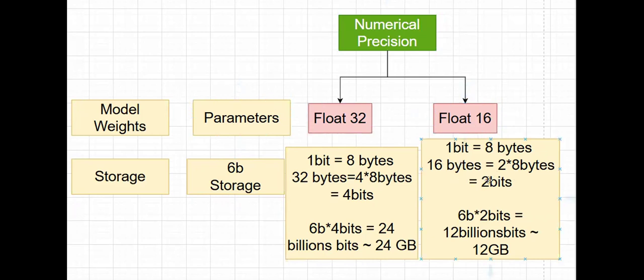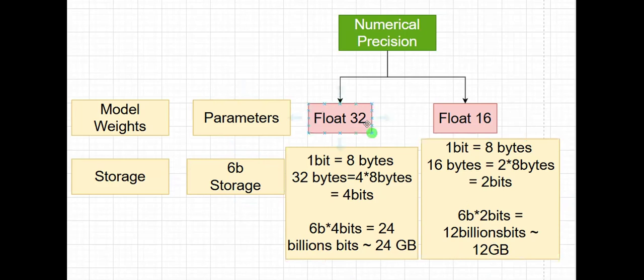We need only 2 bytes to represent each and every parameter. Since we are representing 6 billion parameters, the total is 6 billion into 2 bytes, nothing but 12 billion bytes. Approximately 12 GB we require.